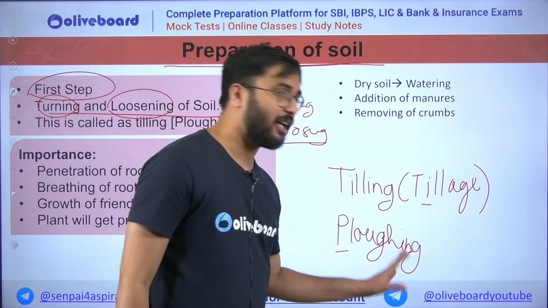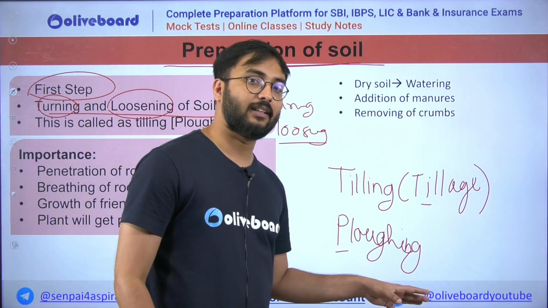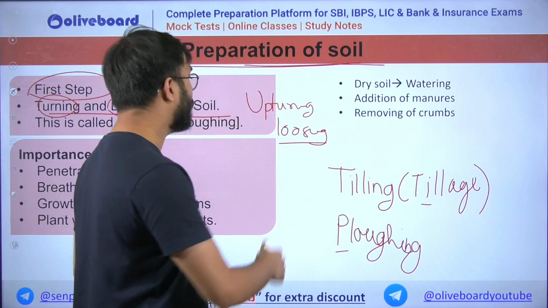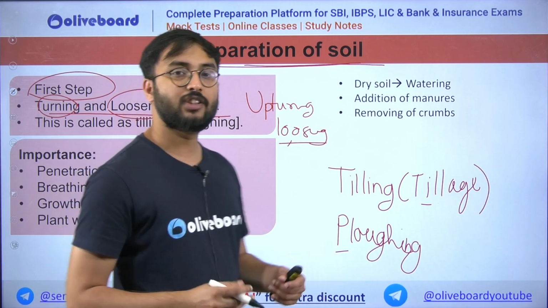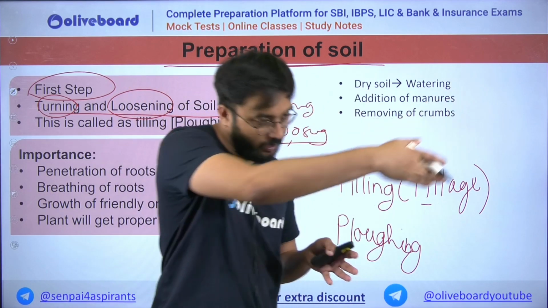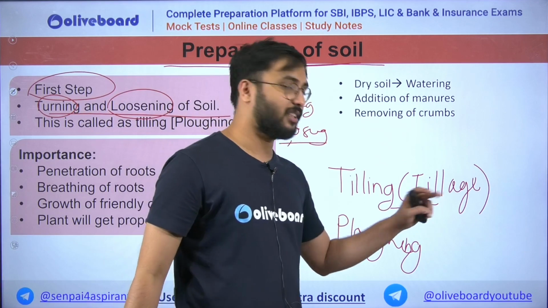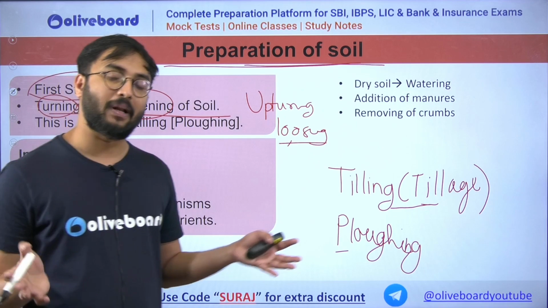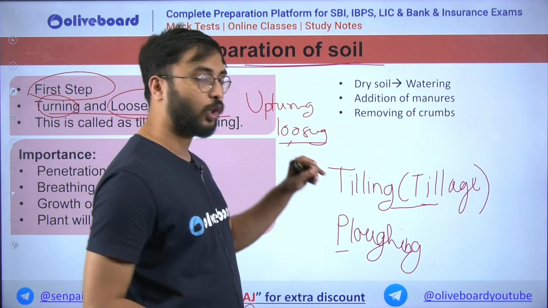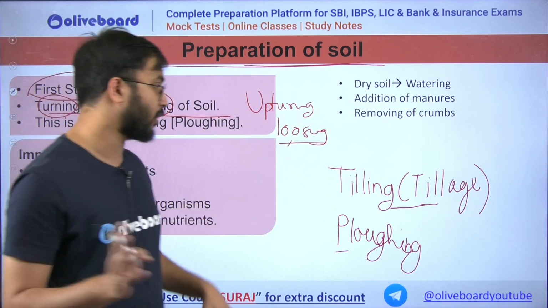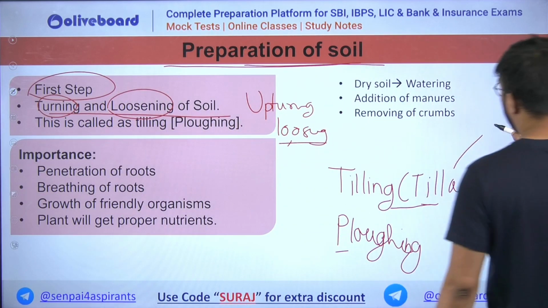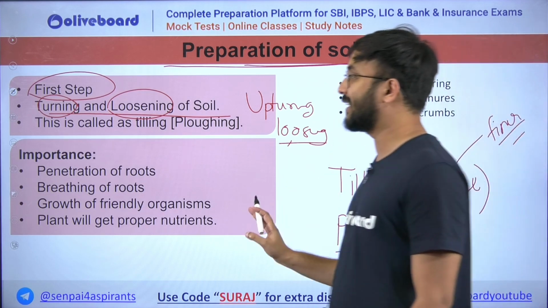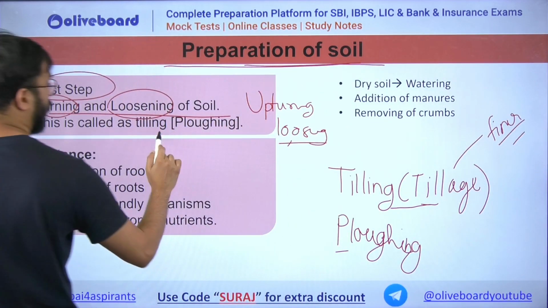Both of these activities are nothing but breaking down the soil, upturning the different layers of the soil and loosening the soil, where plowing is digging the soil in a proper pattern, and tillage is not just plowing or digging up the soil, but also breaking down boulders, also upturning the soil and also loosening, and more importantly, tillage is all about converting a particular soil into finer material. So overall, do you now understand the difference between tillage and plowing?